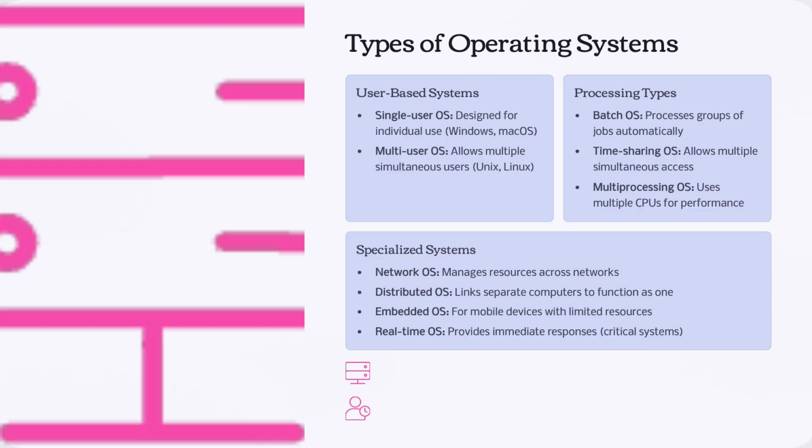Batch, time sharing, and multiprocessing operating systems differ in how they handle tasks. Specialized operating systems like real-time systems are critical for applications like aviation where immediate responses are required. So these are the types of operating systems.